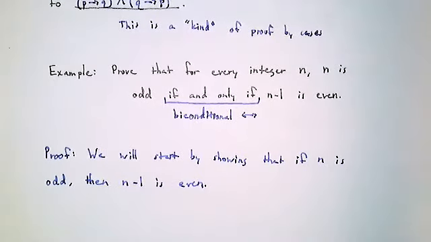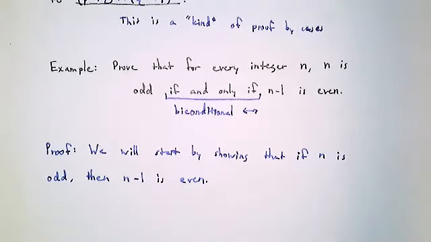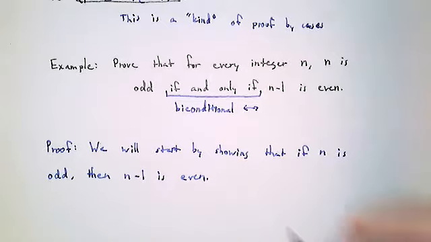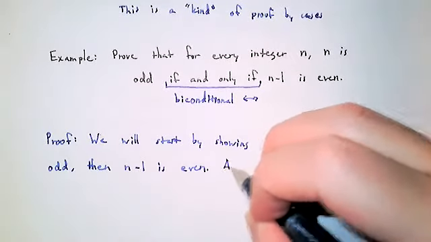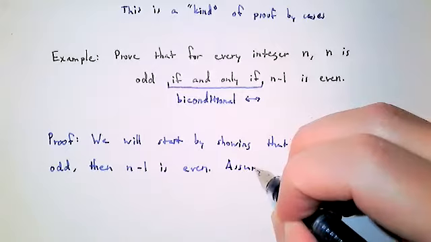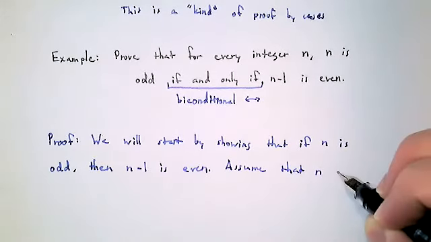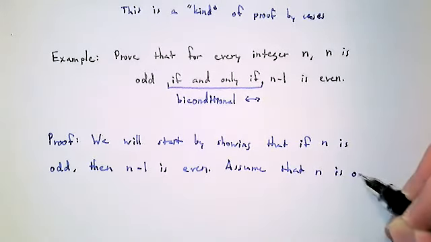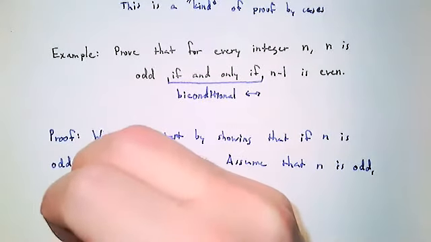So in this, if n is odd, then n minus 1 is even, we're going to assume the hypothesis that n is odd. And remember what that means.